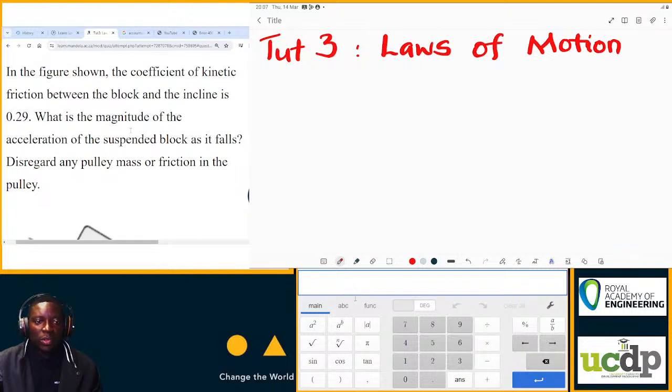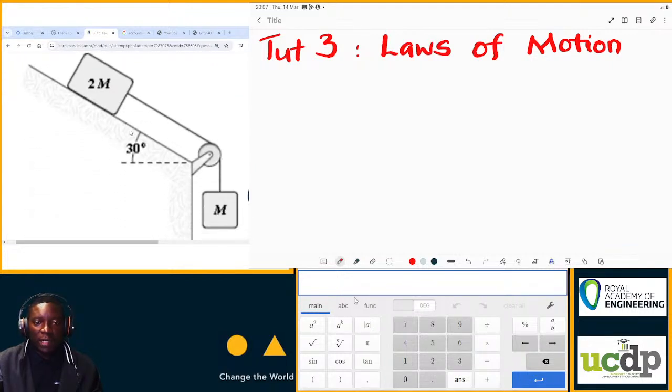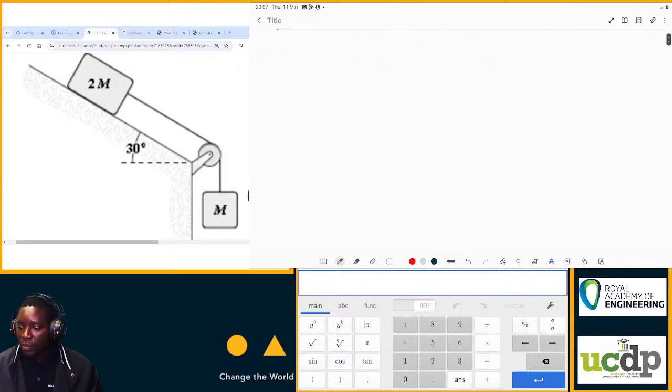The important thing to note, given a diagram like this, is that we can identify the forces acting on this system.